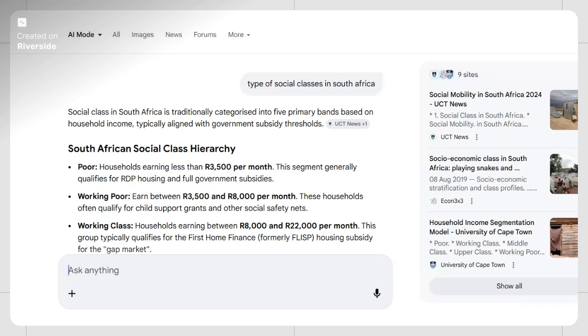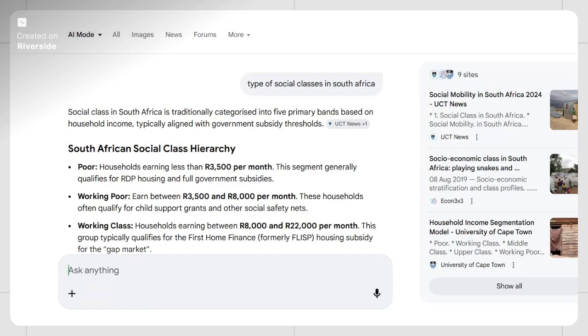And let's go. So the social classes in South Africa are traditionally categorized into five primary bands based on household income, typically aligned with government subsidized thresholds. All right, South African social class hierarchy.